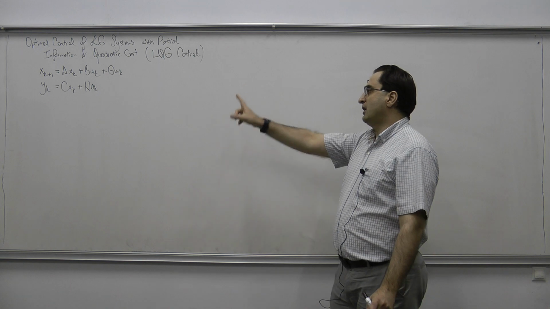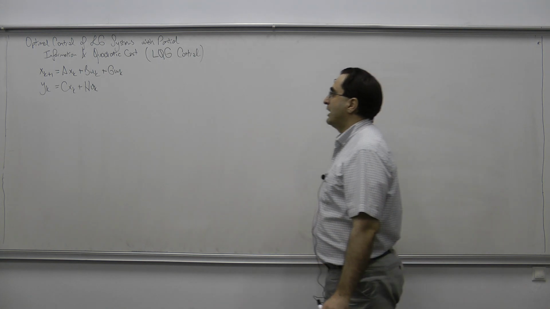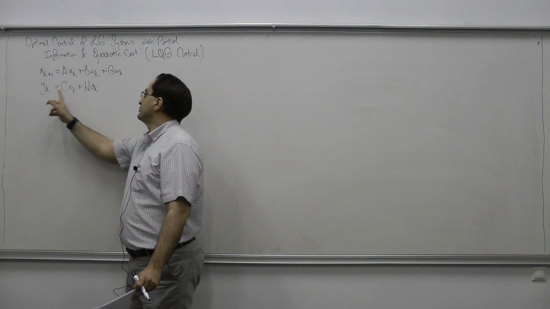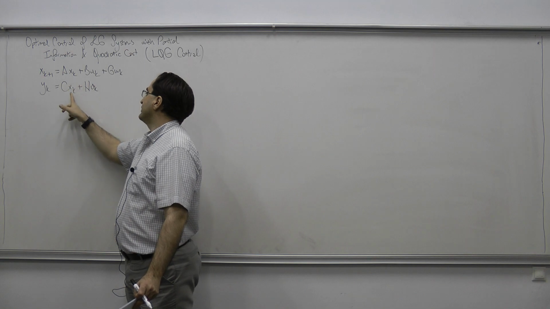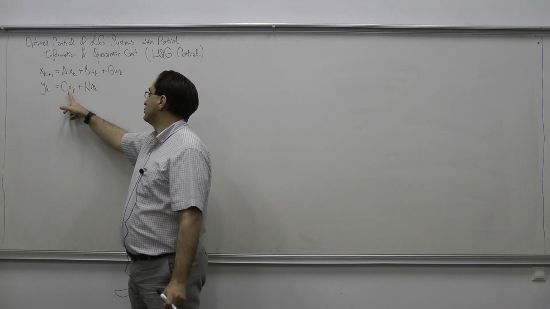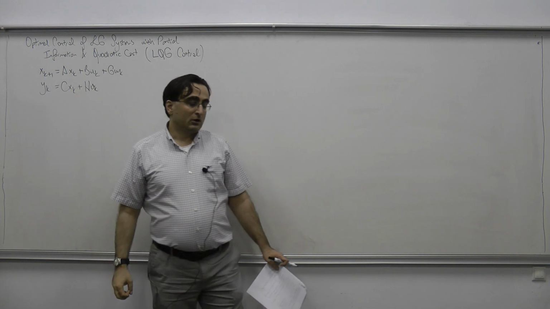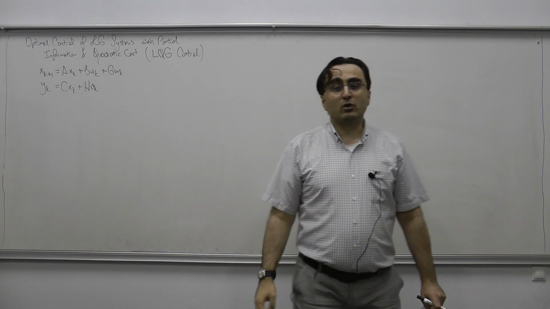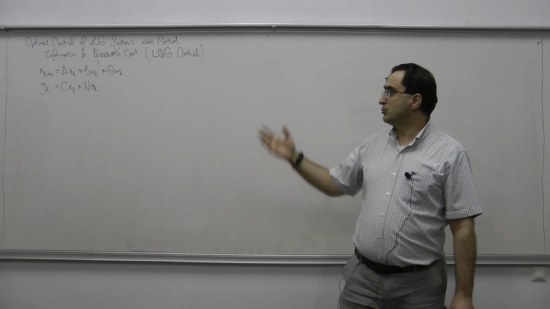And in this case, we have non-complete information, or partial information, where the outputs are not going to be the perfect state, but a function of the state, C times x. So we can observe some linear combinations of the state variables plus some measurement noise. We don't observe the linear combinations of state with no noise.